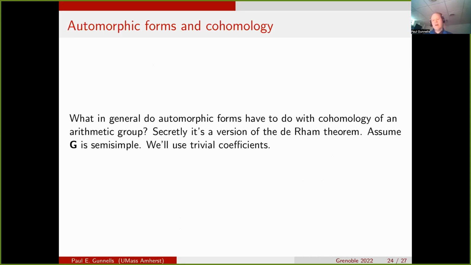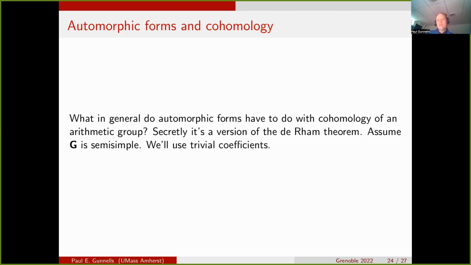To end the last few slides, I just want to say, in general, that explains what happens for the holomorphic modular forms of weights bigger than or equal to 2, but why in general should automorphic forms have anything to do with cohomology of arithmetic groups? In that case there was a relatively direct connection, but why in general should it be true? Why is Franke's theorem true?